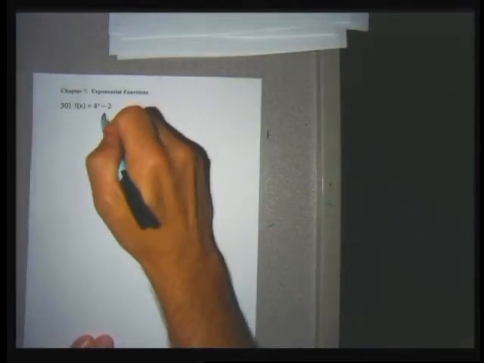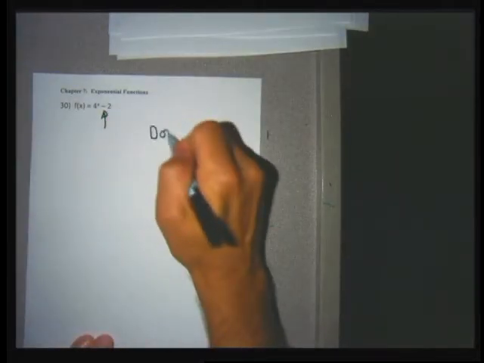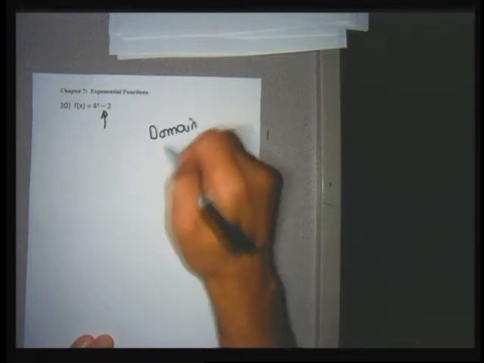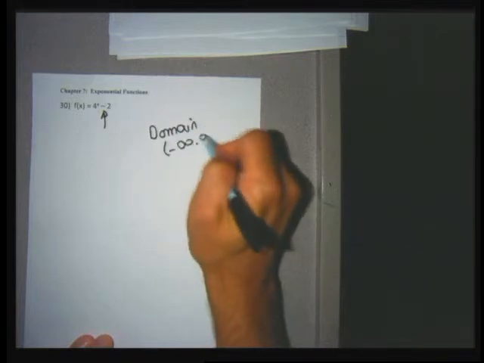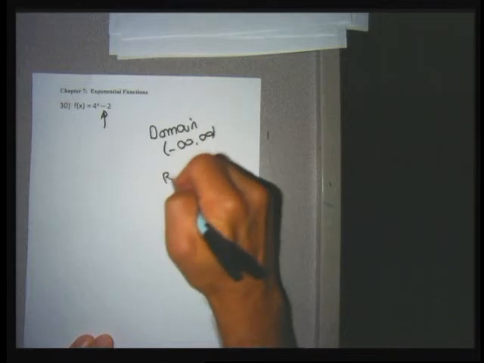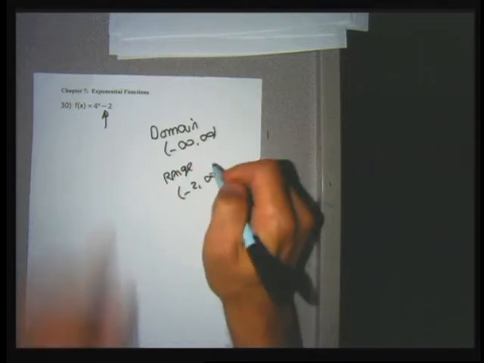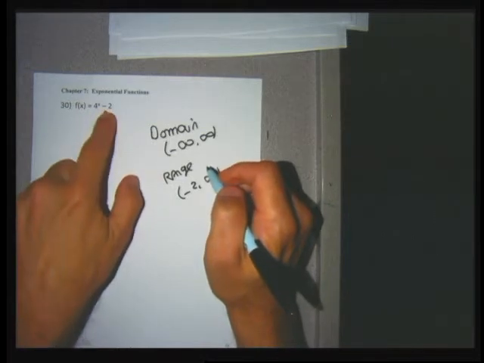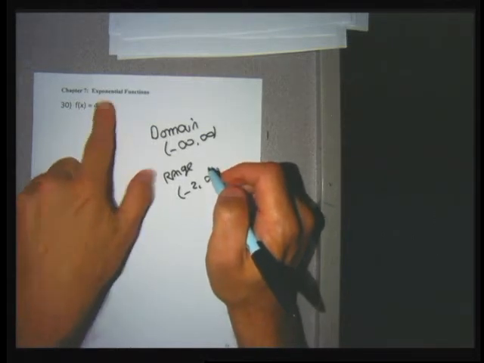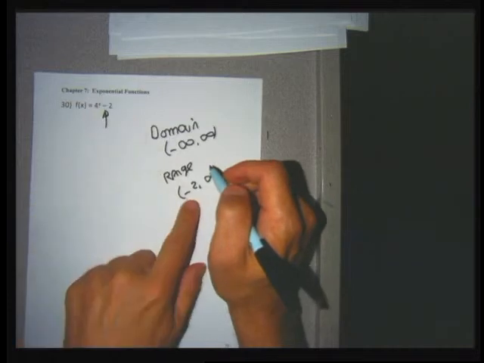For number 30, the domain, when I eventually do it, for every graph we're doing today, the domain is negative to positive infinity. What's going to happen with the range is it's going to go from -2 to infinity. If a number's added or subtracted, not in an exponent, it doesn't affect the domain, it affects the range.